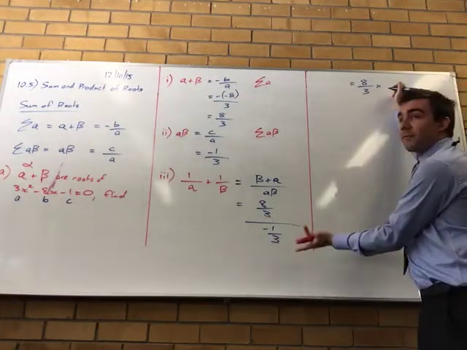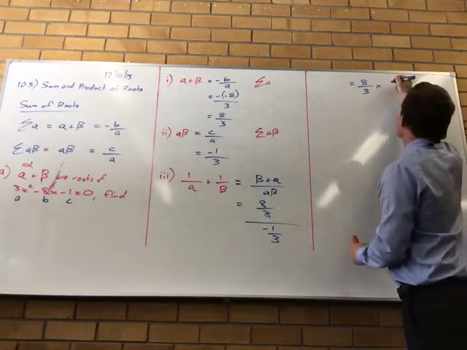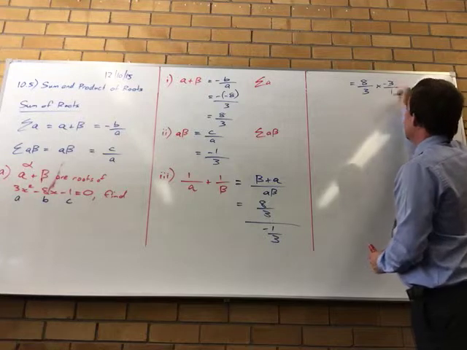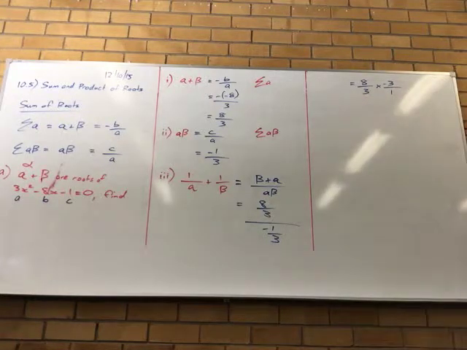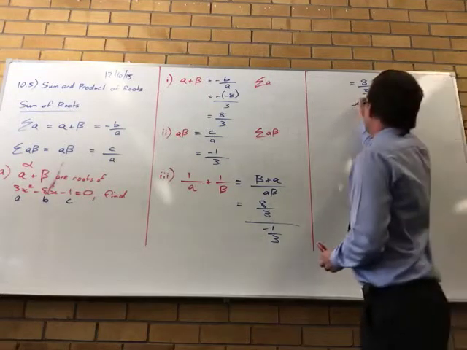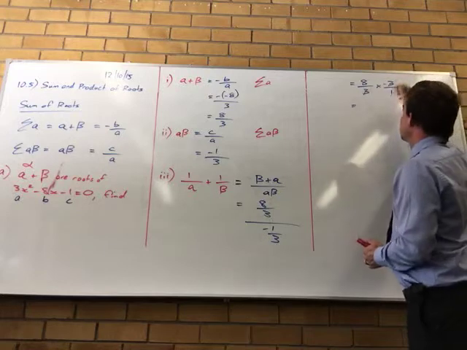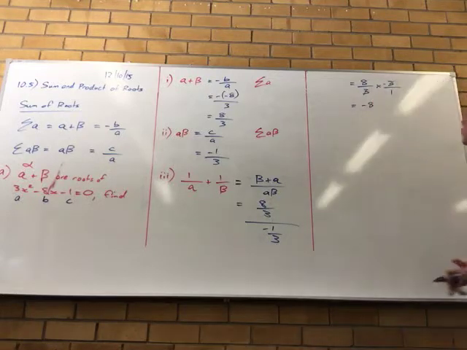So we flip that fraction over and we put a multiplication sign in between them. Okay, and then we've got simplifying our fraction. Of course, 3 cancels, so we get negative 8 over 1, which is negative 8. Didn't say that. I think it's 8 over 3.